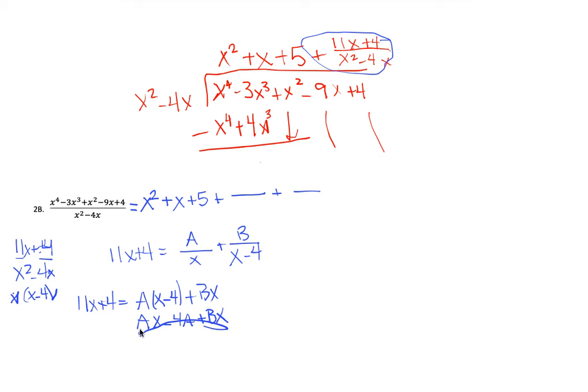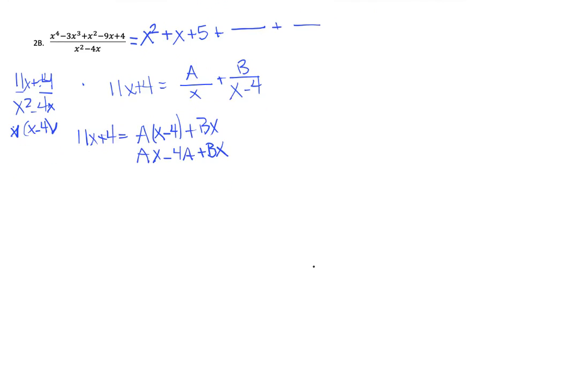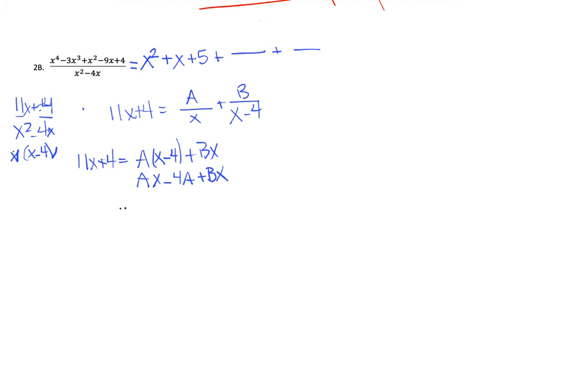I'm going to group my Ax and my Bx, and at the same time I'm factoring out my x, so I'm left with A plus B, and then I have my negative 4A, and that's equal to 11x plus 4.